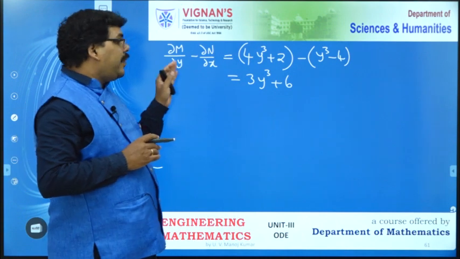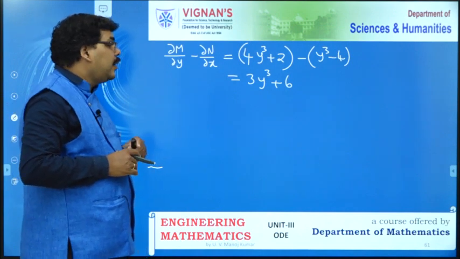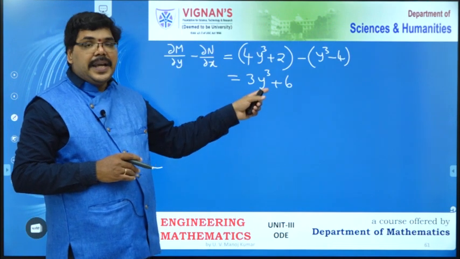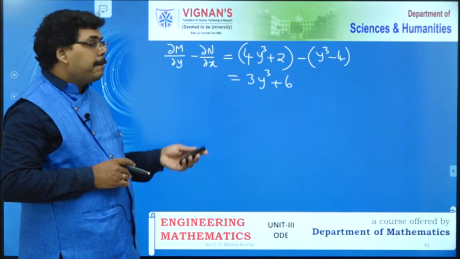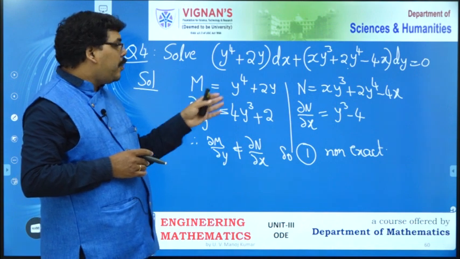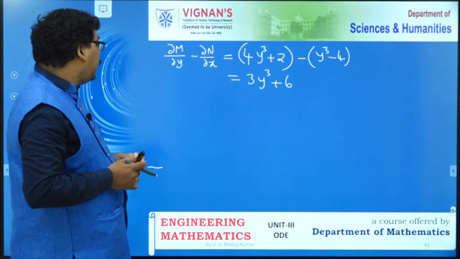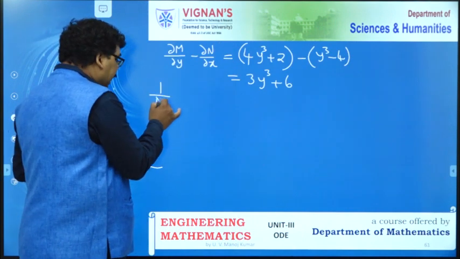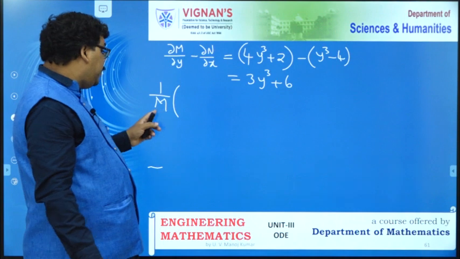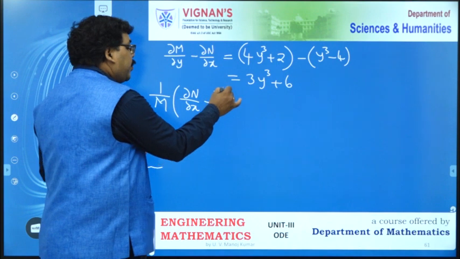Now we want to divide this difference with either M or with N. Which one is better here? See the difference. The difference is 3y cube plus 6. With which is it convenient to divide, M or N? I prefer M. So when I am dividing with M, you should start with dou N by dou x minus dou M by dou y.